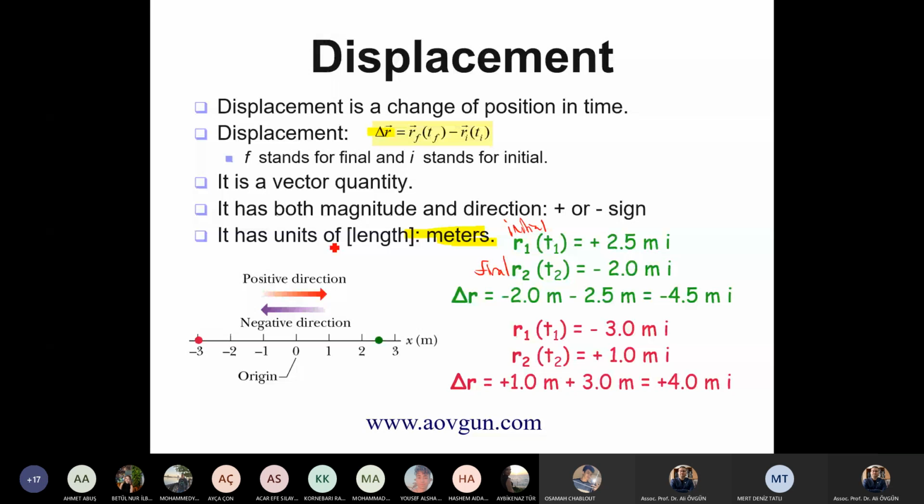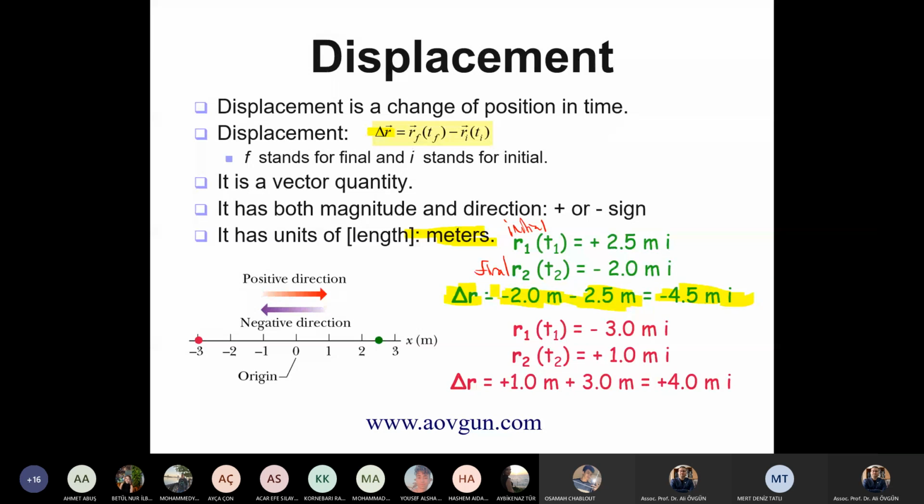Displacement for this particle is equal to delta R, final position minus initial position: minus 2 meter minus 2.5 meter is equal to minus 4.5 meter I hat. So we found the displacement.